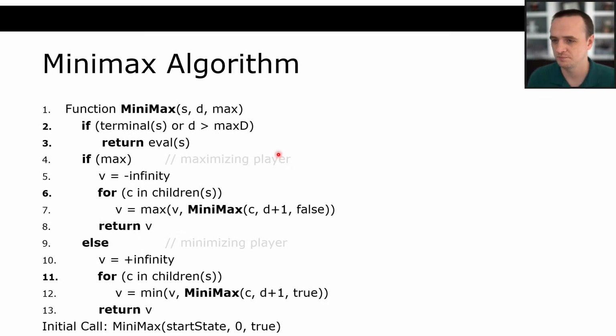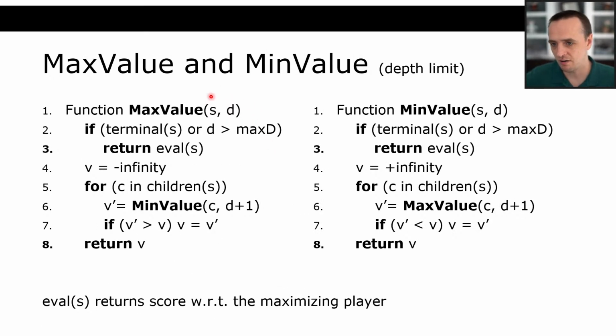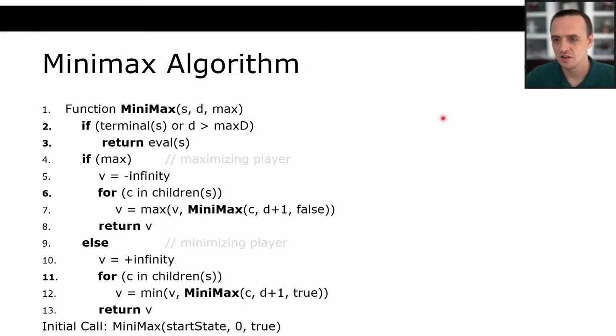And that's what we've done. So we've got one other parameter here now, because in the max function, we knew we were maximizing. In the min function, we knew we were minimizing. So the extra parameter here called max is just a Boolean which says, should this iteration of the function be a maximizing step or a minimizing step?